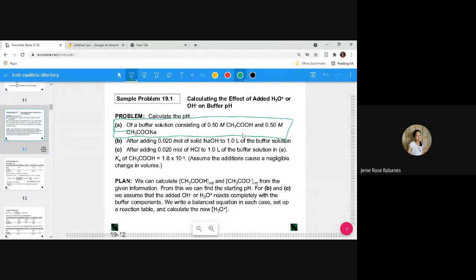So we have that one. It consists of CH3COOH, a weak acid, and then the conjugate base, we have this one, the CB.